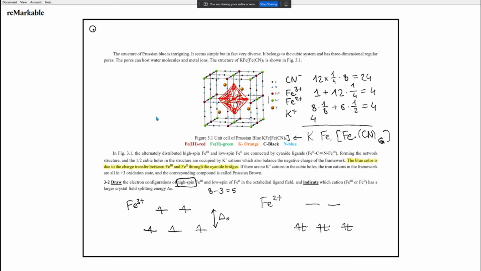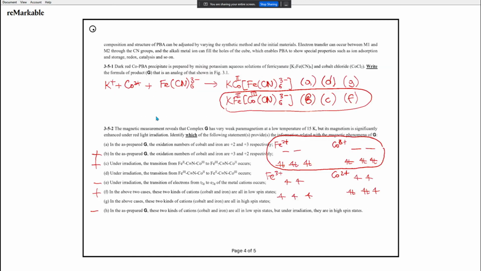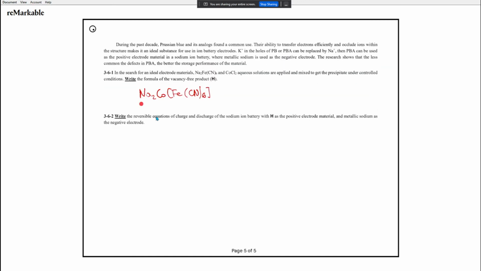In this particular structure, as you can see, it's only 1/2 of all the sites are occupied. You can clearly see this. Potassium 1, potassium 2, potassium 3, potassium 4. If you occupy all of them, then in the formula it will be 2. And that is why in one of the latest questions we just write the formula like this with 2 sodiums. So we occupy all cubic holes.